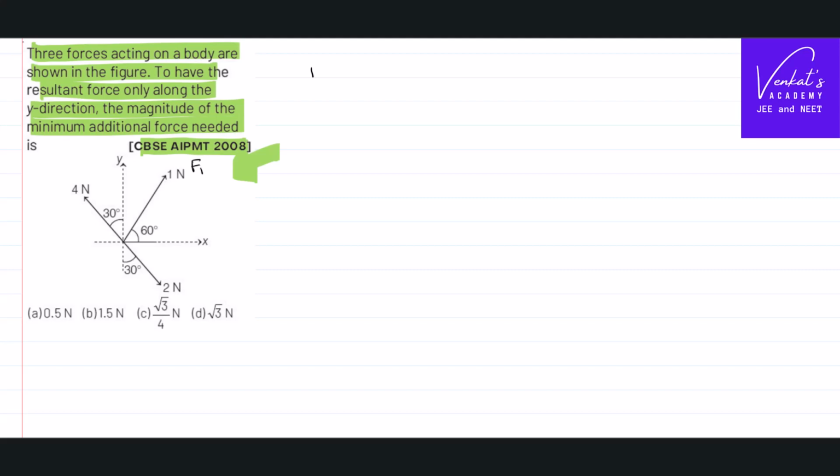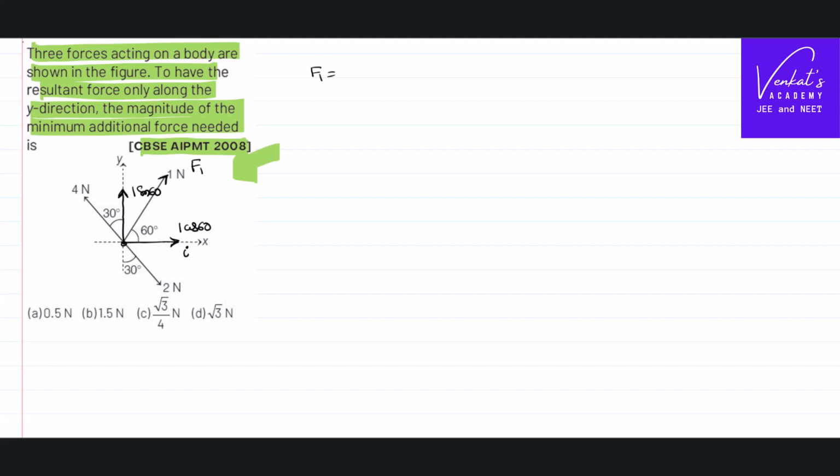This F1 can first of all be resolved as you can see. This becomes its adjacent component, that is 1 cos 60. This becomes its vertical component, 1 sin 60. One important thing I want you to notice is, as the vector is outward from the origin, the components are also outward.